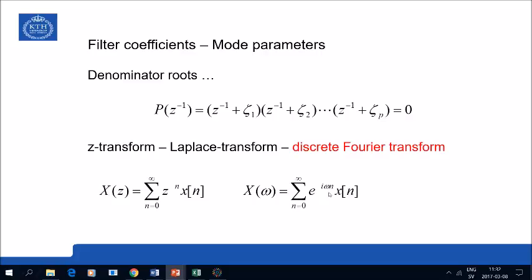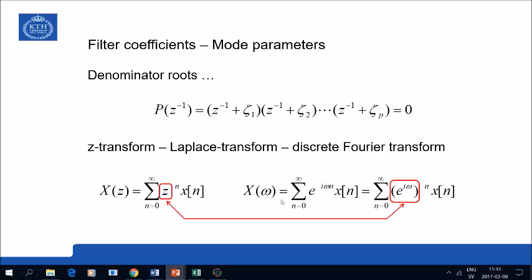If we reformulate this slightly, we can write it in this way. And now we can see that the variable z is related to e raised to i omega.